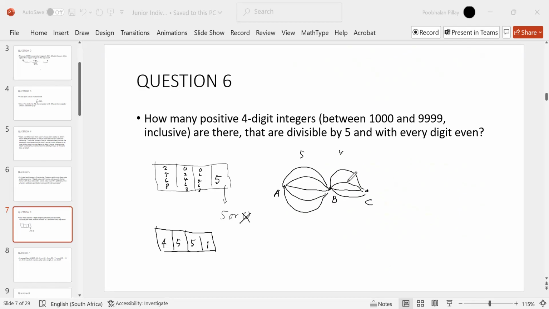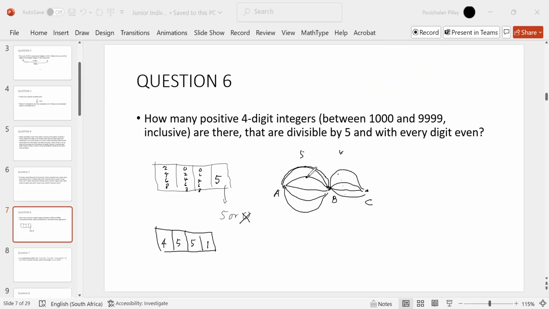And the question is, how many ways can you go from A to C? Right? If you think about that, you'll say, well, the first road can be chosen in 5 ways. And for this road here, I can finish off in 4 different ways. So for this road, I've got 4 ways.